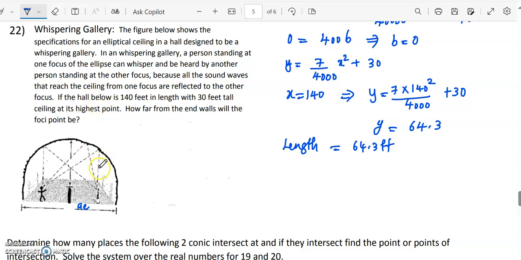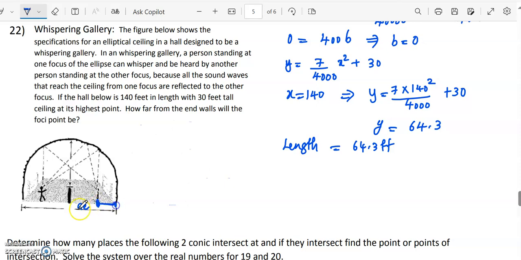If the hall below is 140 feet in length and 30 feet tall at its highest point, how far from the end walls will the focal points be? So we need to basically find what this distance is.